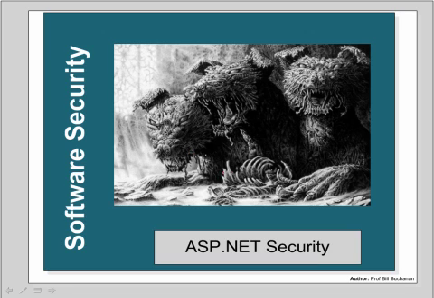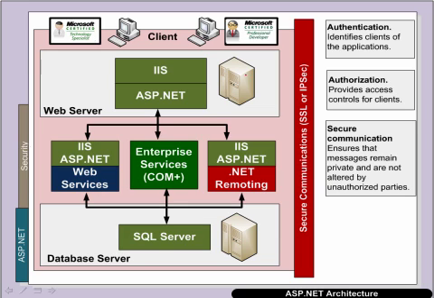So let's look at the infrastructure that ASP.NET provides. At the start we have a client, and the client will then connect into a web server. The web server itself will be running as an IIS service, which is built upon ASP.NET.